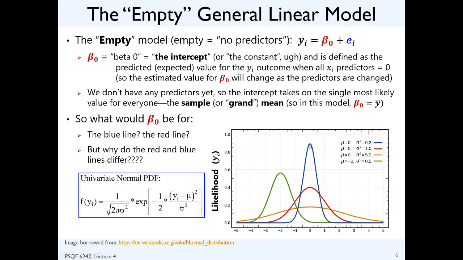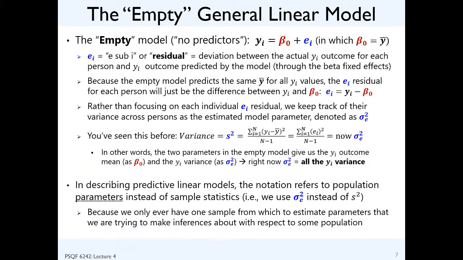But we also got to know the variance, you said, right? To be able to differentiate which of these variables we're predicting. That's our friend e here. e sub i, e for each individual, this is what's known as a residual.